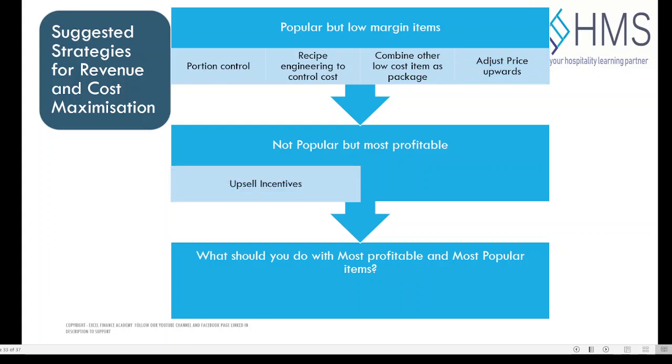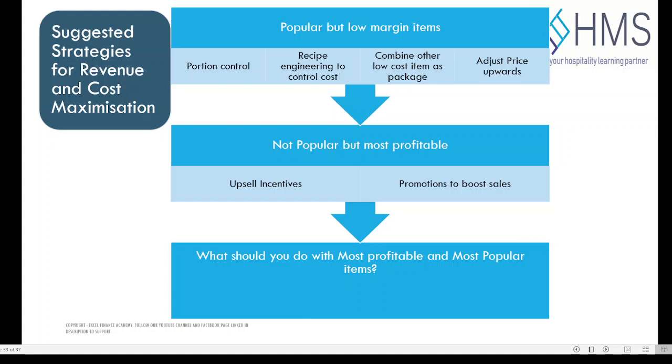Not popular items we usually leave, but if they are more profitable, you can afford upsell incentives or selling incentives, and you can do some promotions to boost the sales. Make them item of the day, or give them discounts, entry discounts, or some other promotion, right?